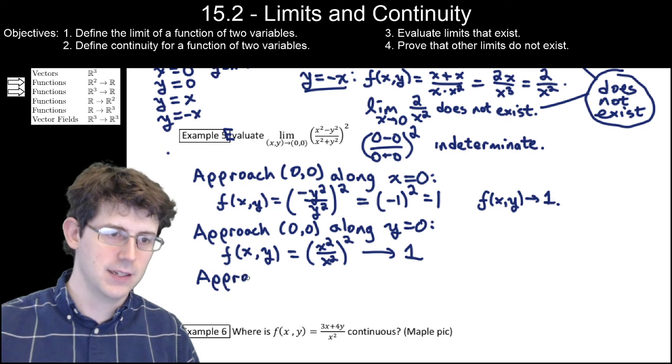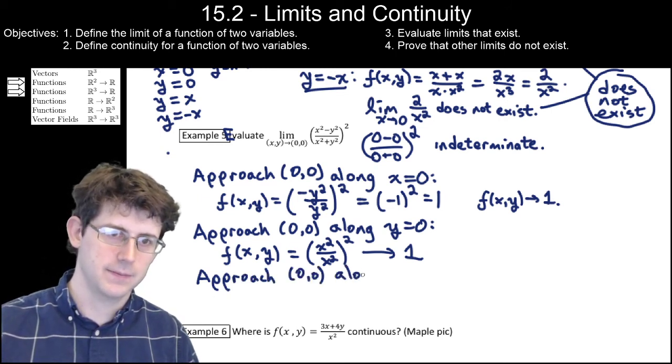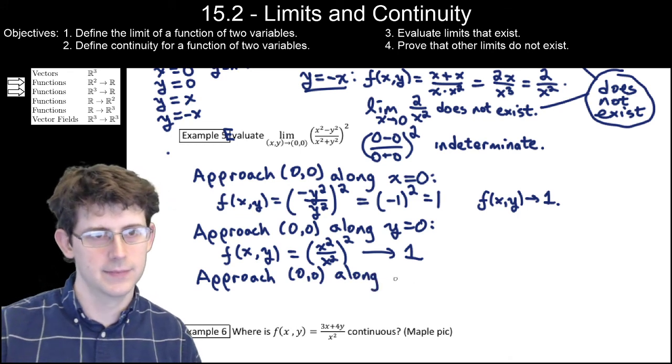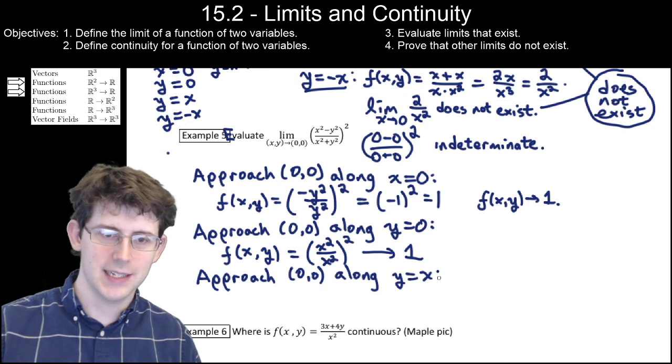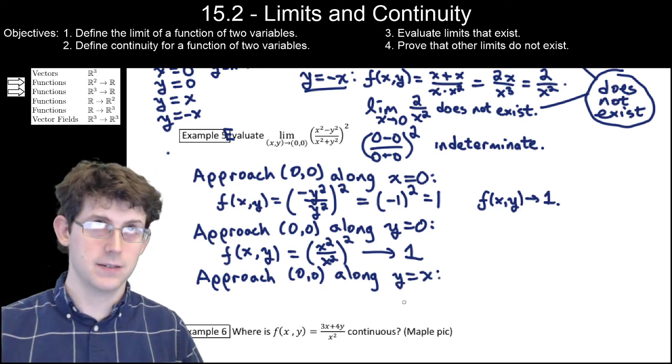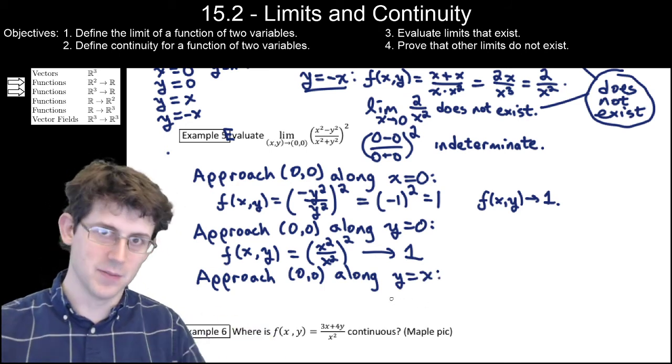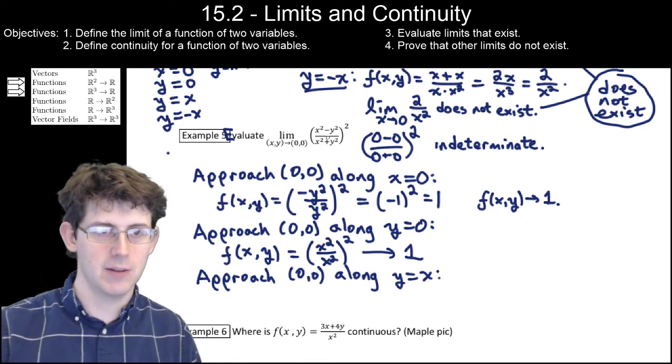So let's approach 0, 0 along some other path. I don't know, y equals x seems fine. We're basically on the hunt for 2 different paths that head to 2 different places. So now I'll plug in y equals x.